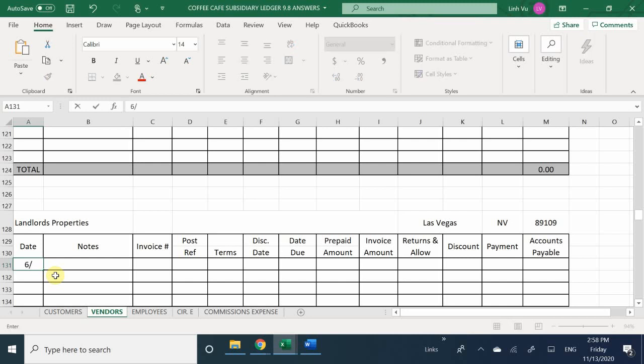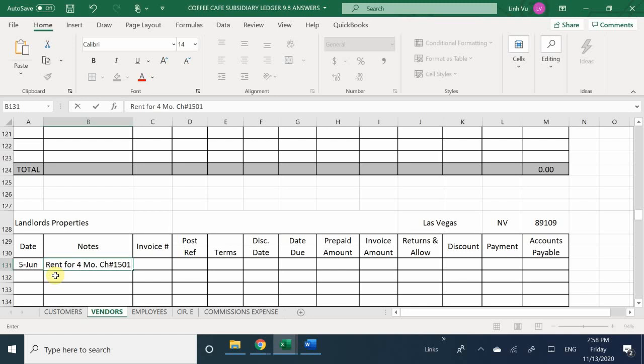Yeah. So here on June 5th, landlord properties. So the notes that you're going to have here is, well, what did you do? Okay. And then you can also do rent for 4 months. Okay. Check number, whatever amount that you paid for, or the check number 1501, right?